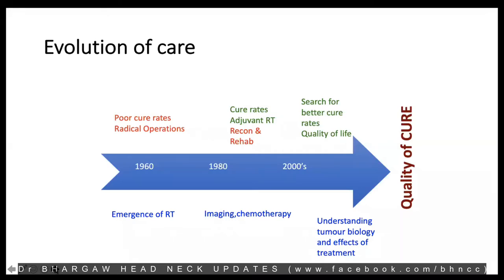And one of the normal ways of life is social eating. I know it's a bit difficult in these modern COVID times, but the act of eating and having a meal in public is something which we are taking for granted. And many of our head and neck cancer patients struggle with that. And it is also kind of a social stigma in certain countries for them to be dependent on a tube and dependent on somebody else.